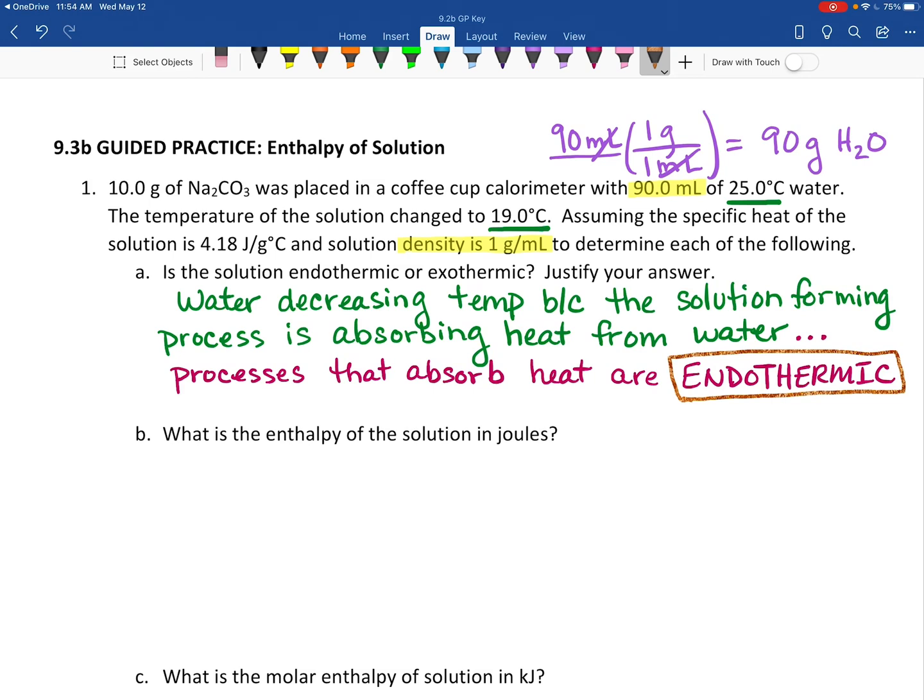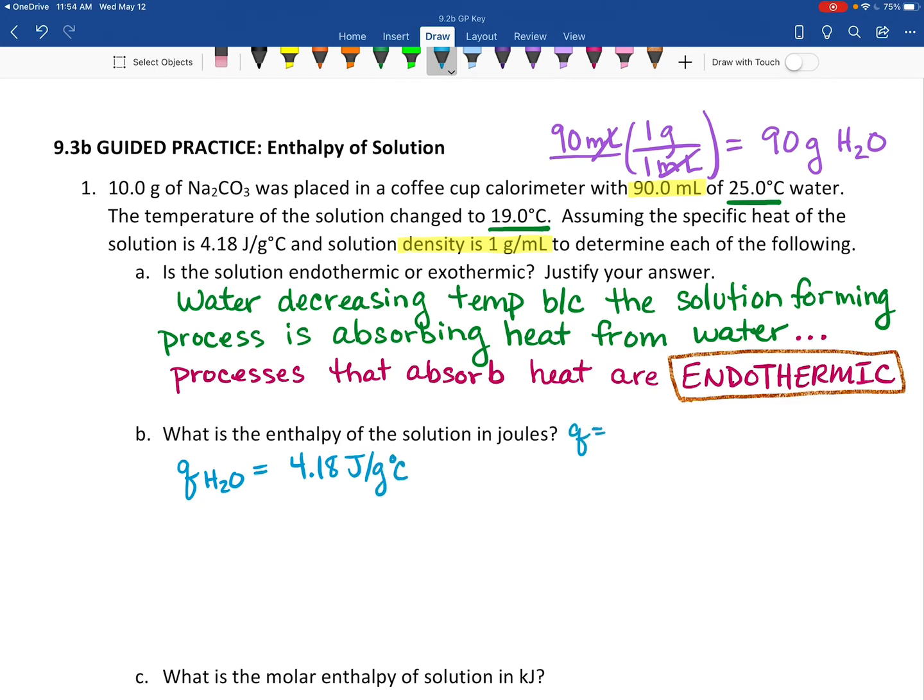The next thing it asks us is, what is the enthalpy of solution in joules? In order to solve this, we're going to use Q equals Cm delta T. We're going to solve this for water and then compare it. So Q of the water, which is what we're really measuring the temperature of, we're going to use the specific heat of 4.18 joules per gram degree Celsius.